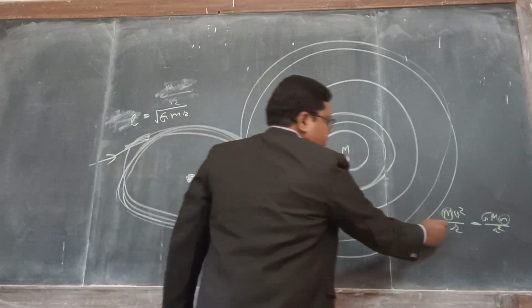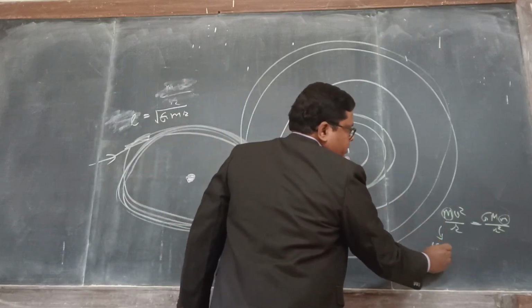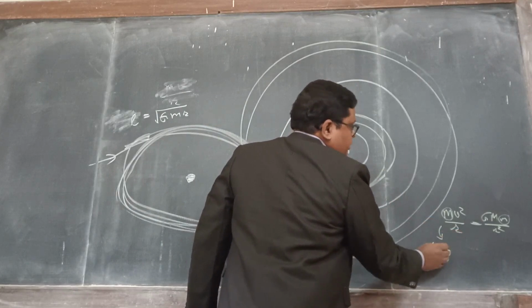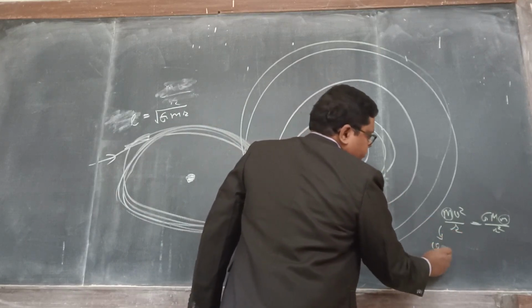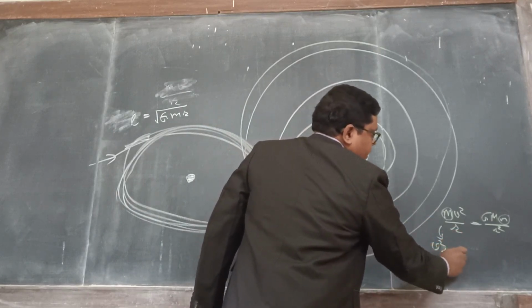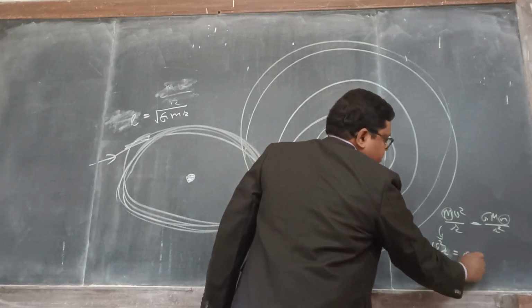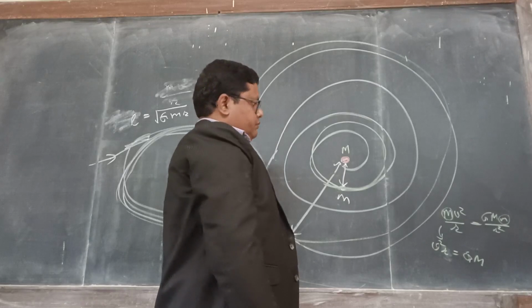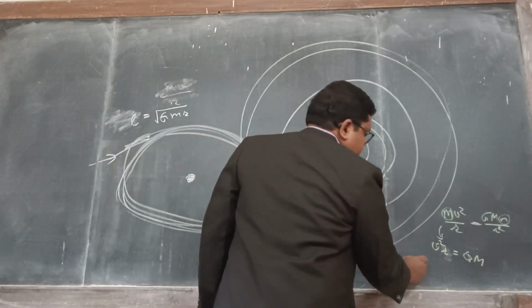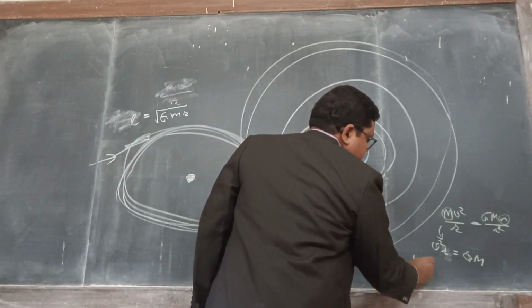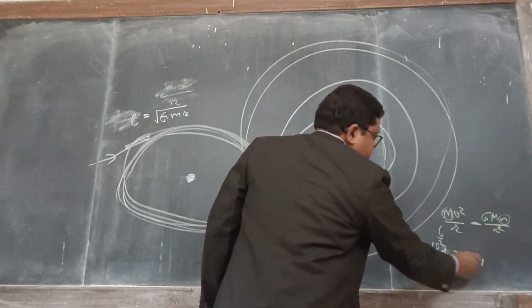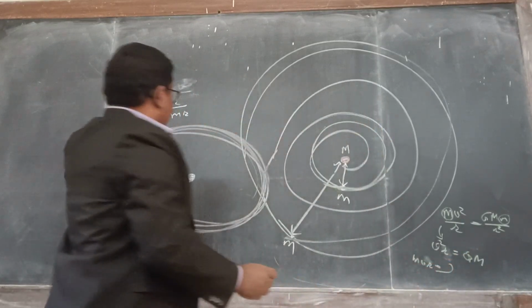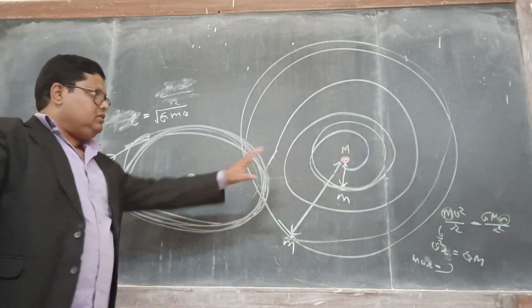From here I get v squared r equals G times capital M. And then the angular momentum is mvr. You will work it out and get the specific angular momentum.